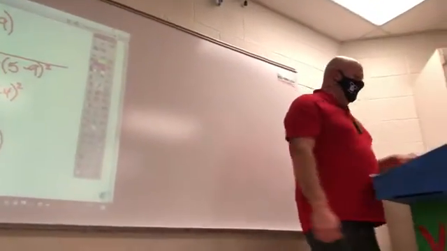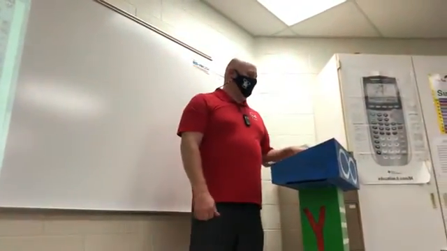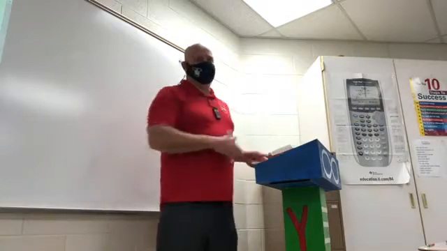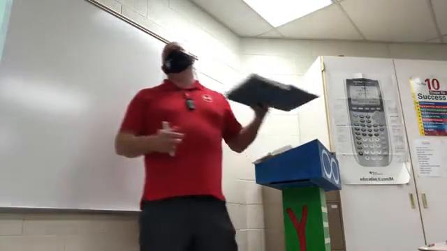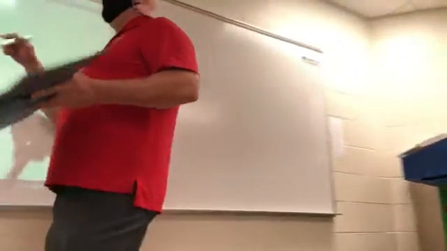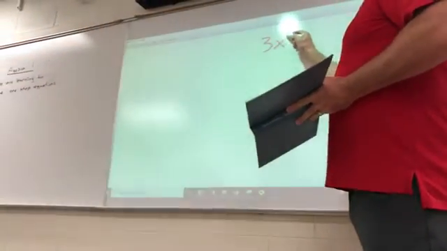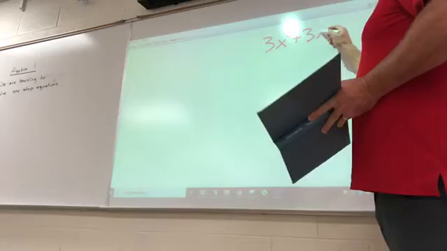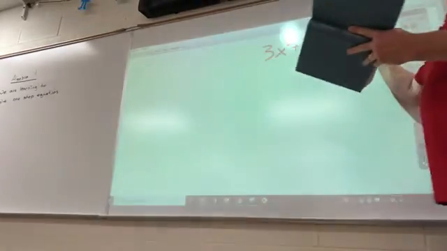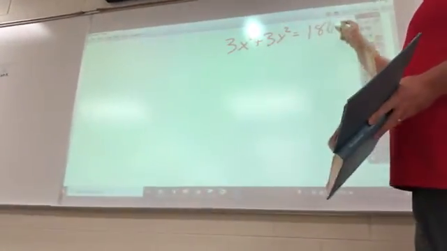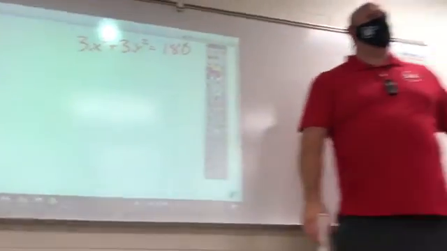But on the next questions, like question number 17, there's a little caveat to that. I'm going to give you this. And I'm going to ask for 2 things. I'm going to say, what is the radius?